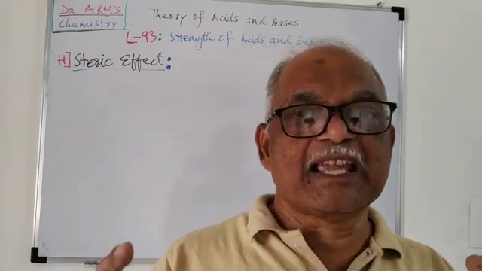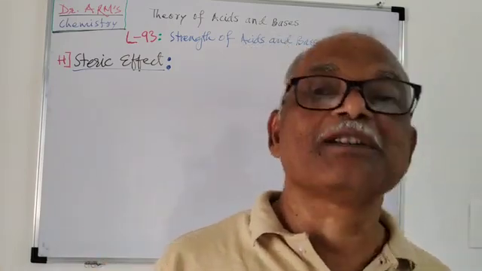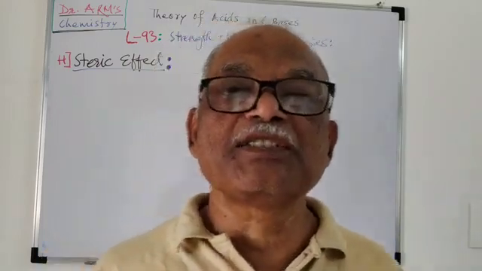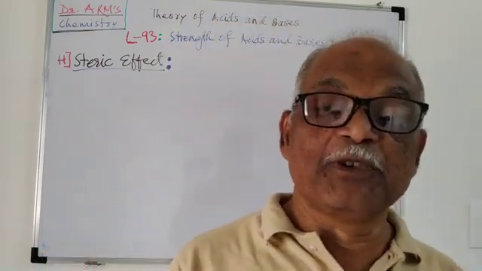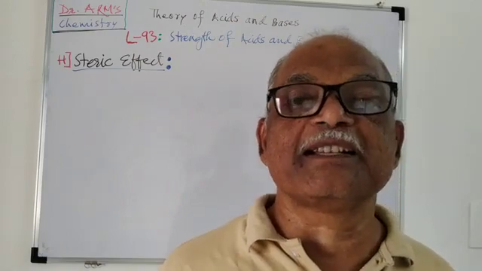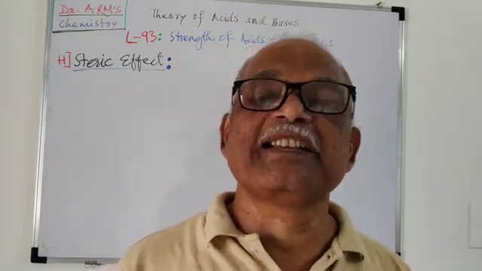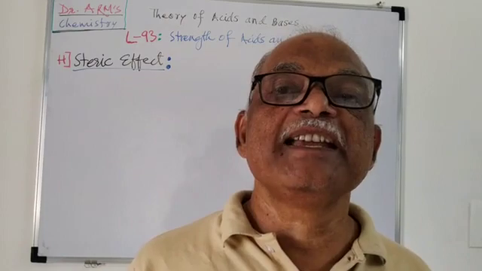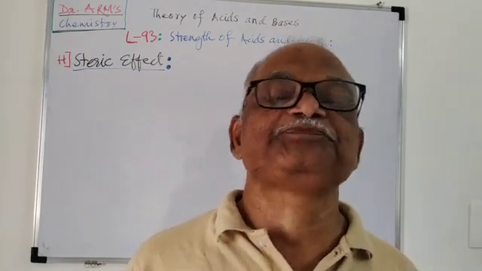They are not capable of coming closer and forming the adduct. So this situation is possible when both reacting molecules, that is acids and bases, are bulky. Then they experience steric strain.